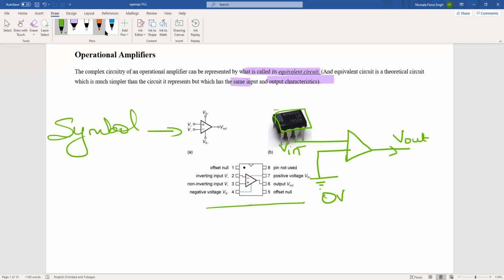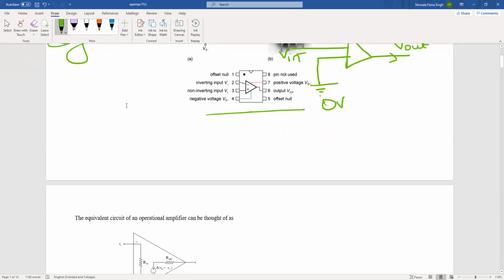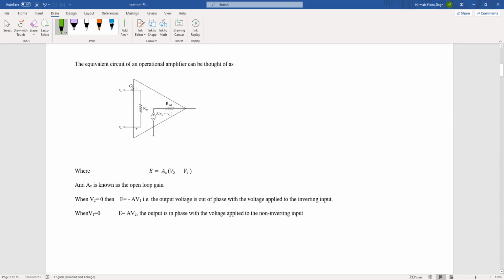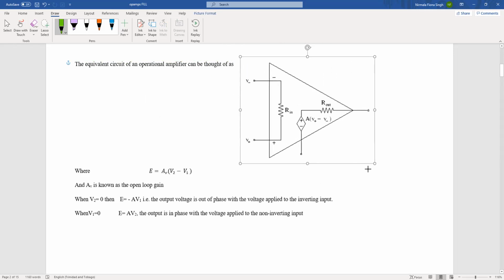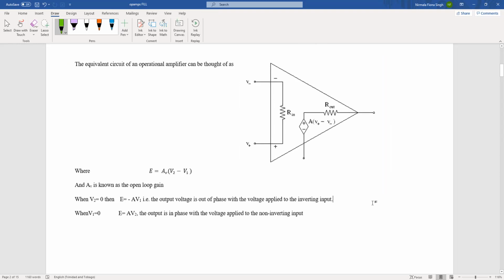So continue reading. The equivalent circuit of an operational amplifier can be thought of as this diagram, which looks really small. I should have kept my original one. The circuitry we should be concerned about in your operational amplifier is that we have a positive and negative input voltage.